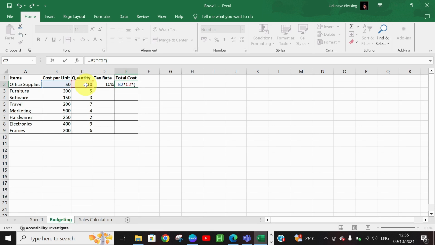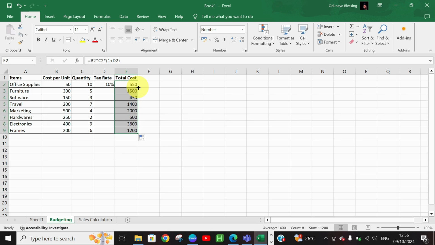So for us to know the total cost, it is going to be the 100% of the price plus the 10% of this. If we just go ahead and put D, then we close it, we'll get our answer here. We won't be able to get our answer for the remaining to be absolute.